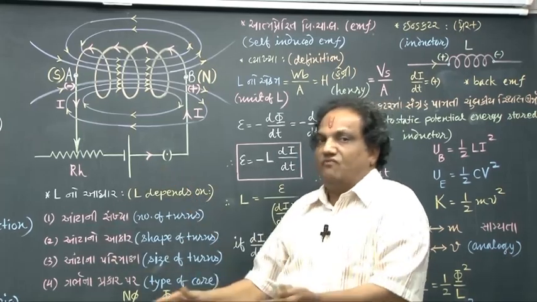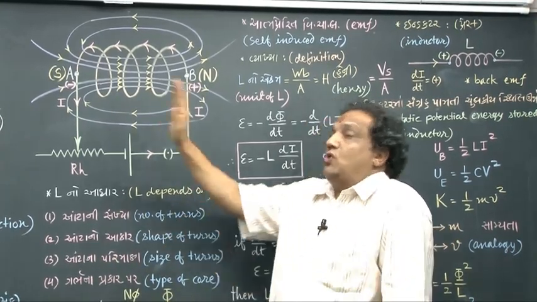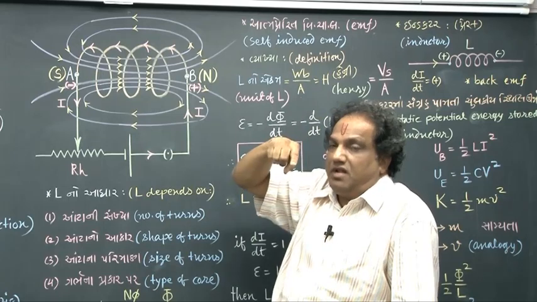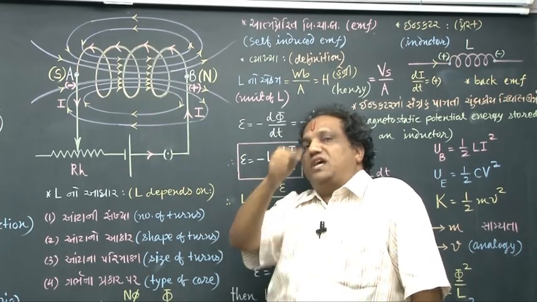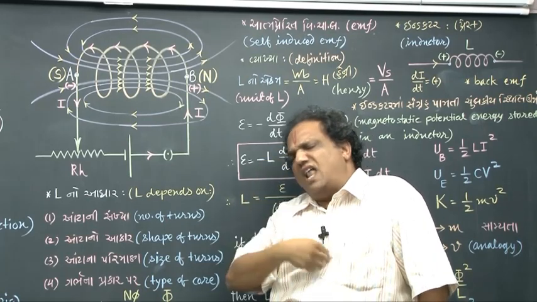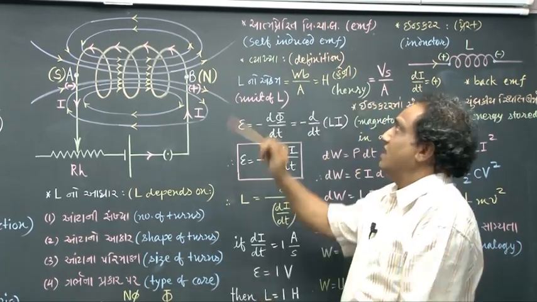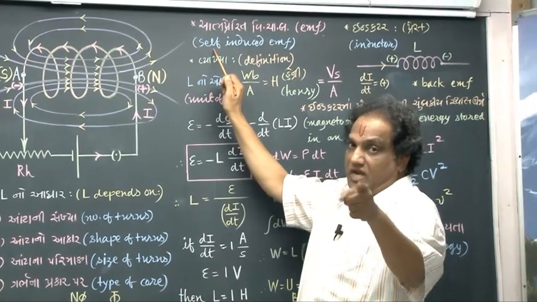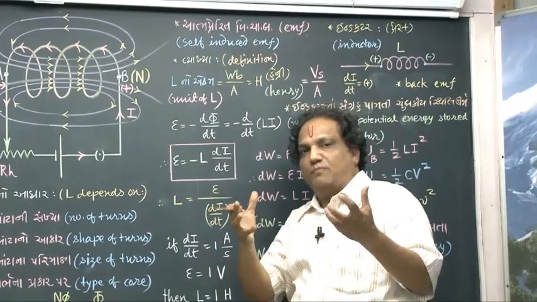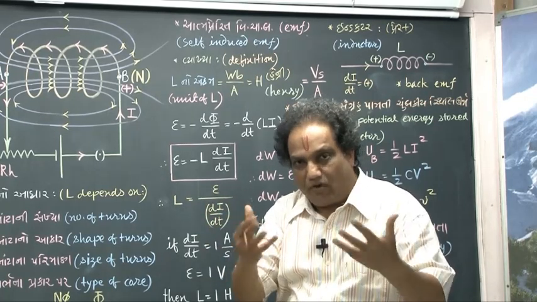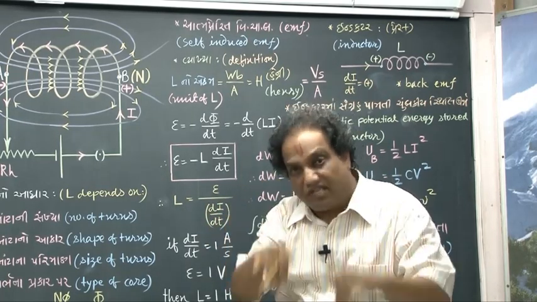But here, for the change of magnetic flux, no external agency is responsible. This change of magnetic flux is due to its own. That's why we call that EMF self-induced EMF. See the word. What is the word? Not only induced EMF, you should say self-induced EMF, because for the production of this EMF, the change of magnetic flux has taken place within the circuit.